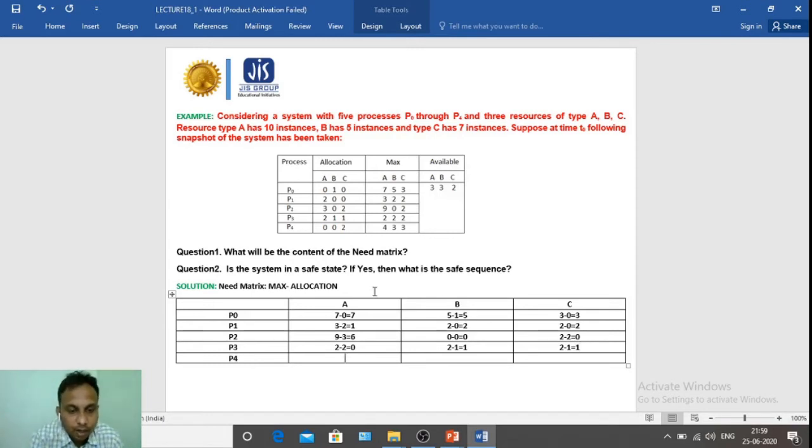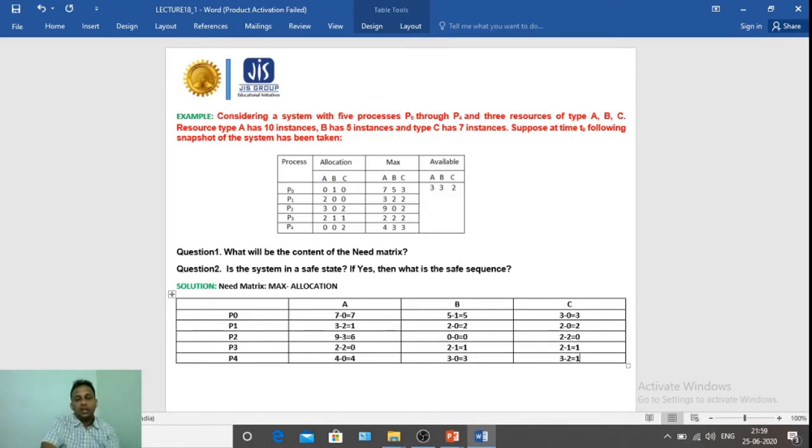So in case of P4 it will be 4 minus 0, that is equal to 4. For B it will be 3 minus 0, which is equal to 3, and here it will be 3 minus 2 equals 1.